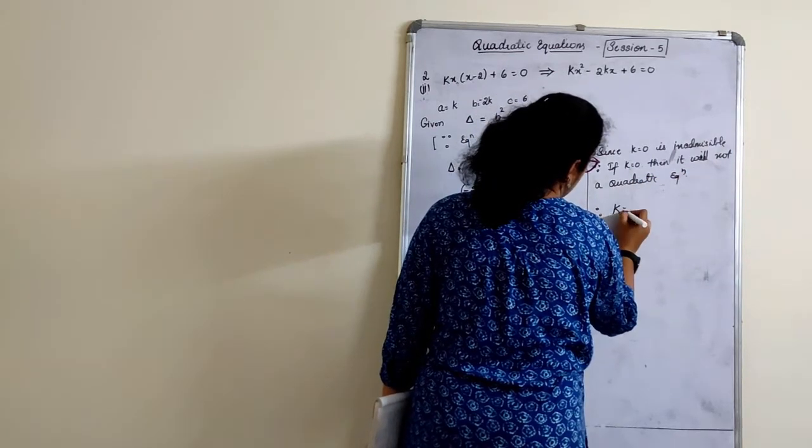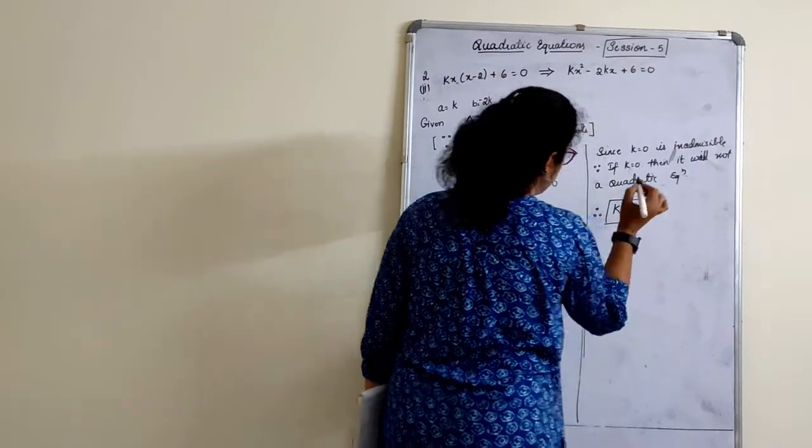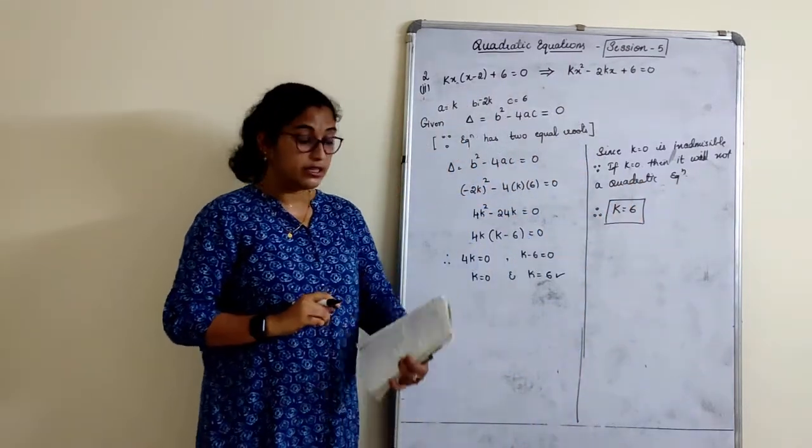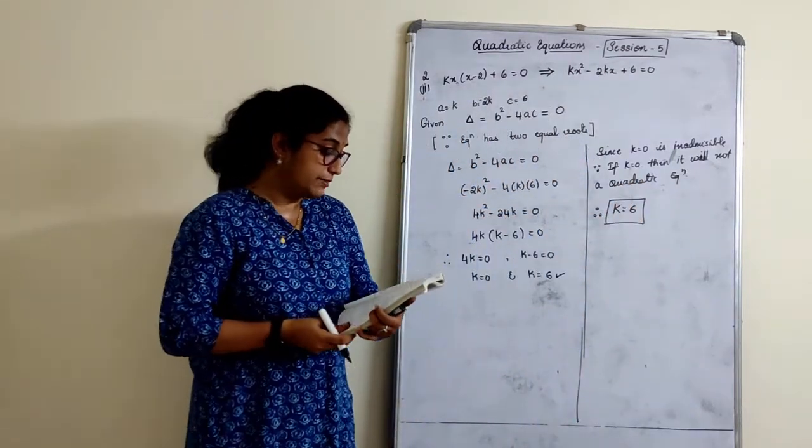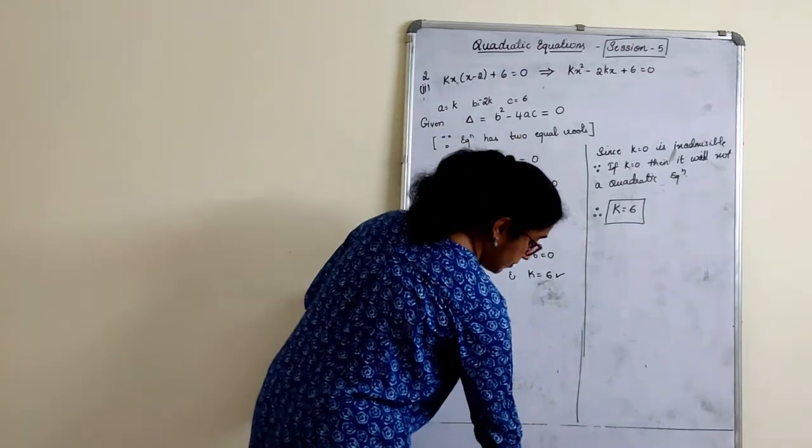Therefore, K is equal to 6 is the correct answer for the given equation. Right? Quickly, we'll start with the third one now.